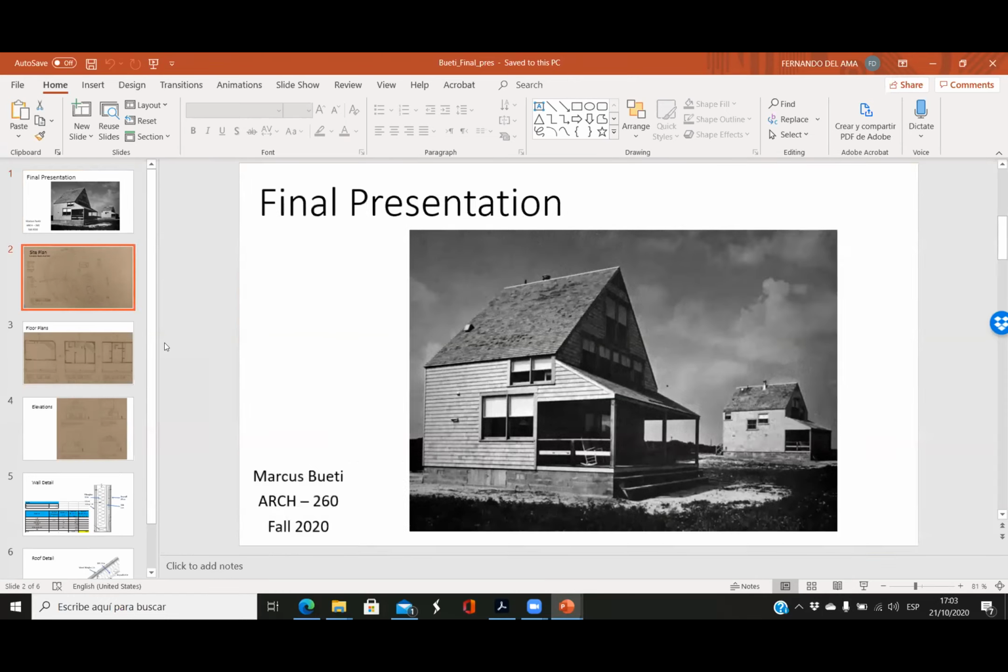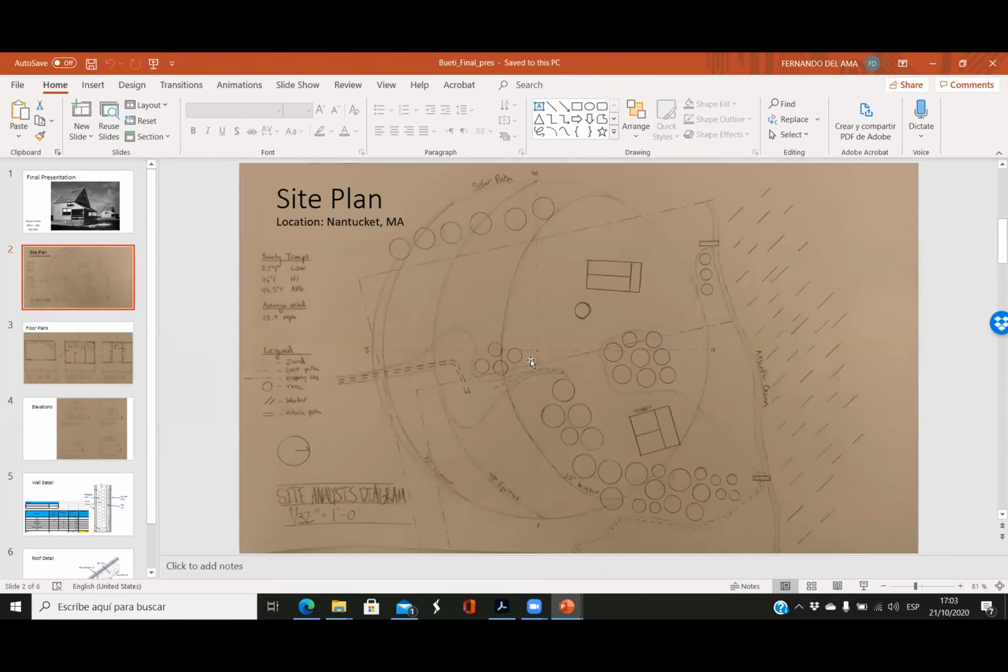Okay. I like the site plan. It's quite good. Because you have included the solar path, here we have the north, south, east, west, so it's perfect. I like this because I can understand that there are different things here. You have this dashed and dotted line, I assume that it's the limit of the site.